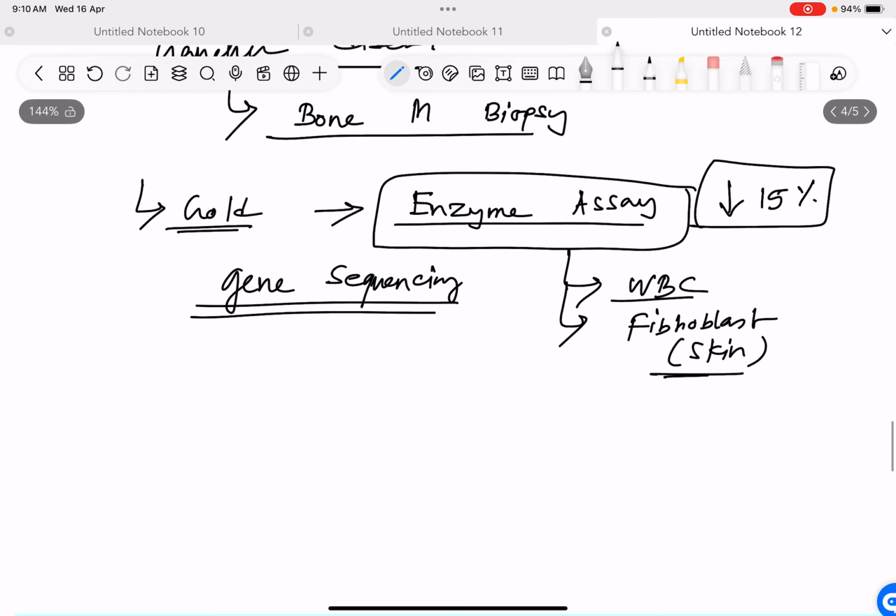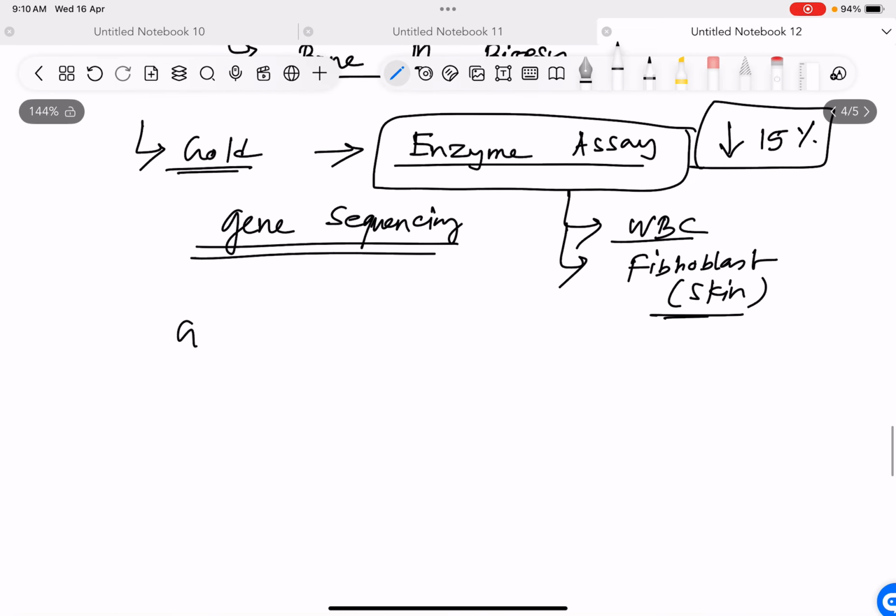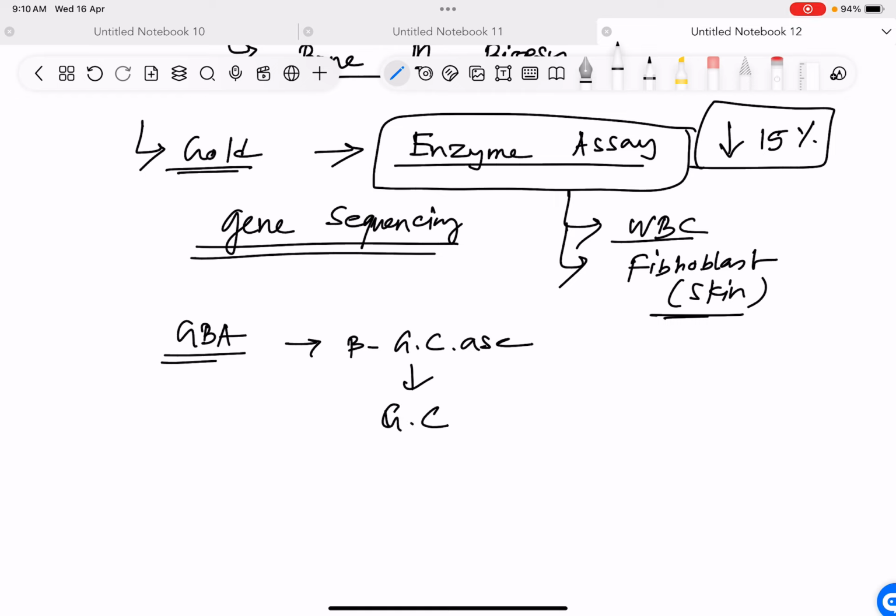So if I ask you what is the defective gene, we have to tell that it is the glucocerebrosidase gene, the GBA gene, that results in deficiency of the enzyme beta glucocerebrosidase, which results in accumulation of glucocerebroside.